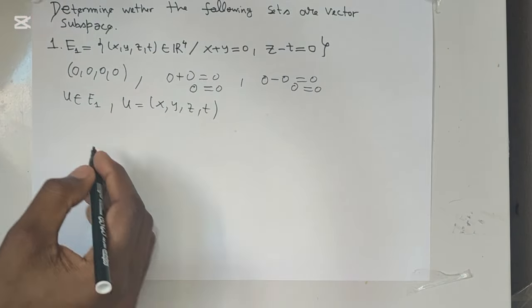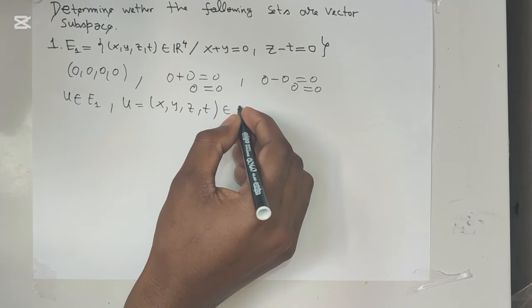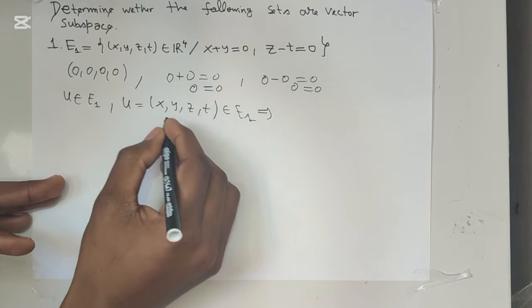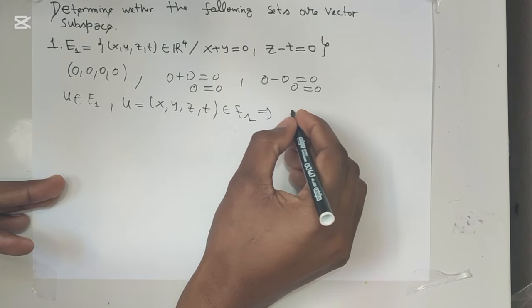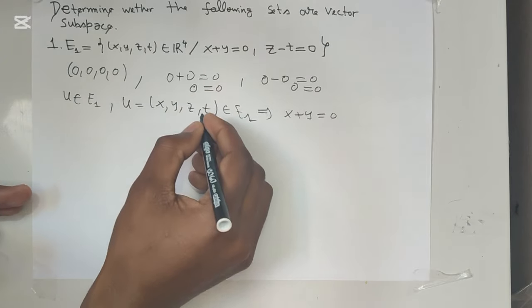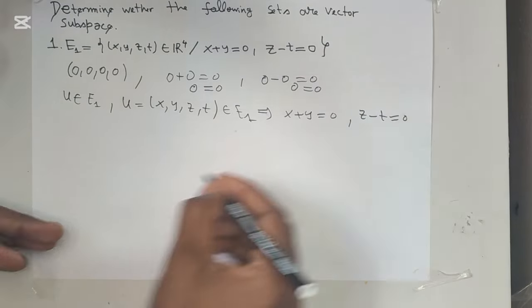And if it belongs to A1, then the sum of the first two is going to be equal to 0, and the subtraction of the last two is also going to be equal to 0.